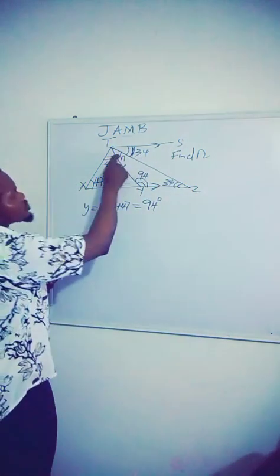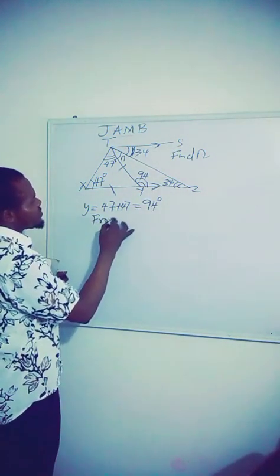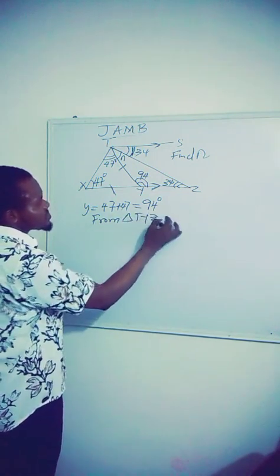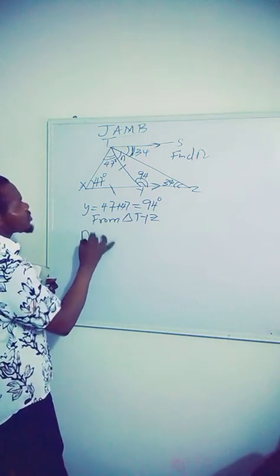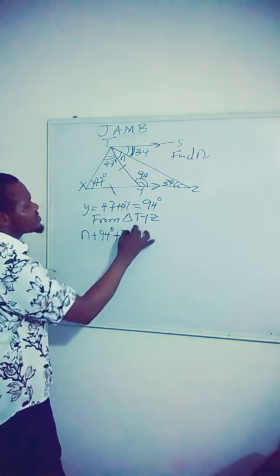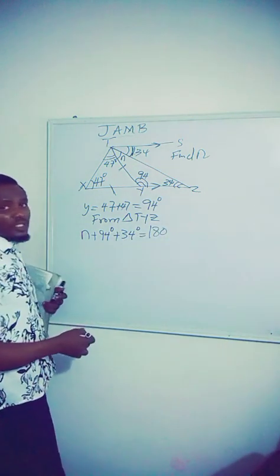Now I can say sum of angles in a triangle. From triangle TYZ, sum of angles in a triangle: n plus 94 degrees plus 34 degrees is equal to 180 degrees, and the reason is sum of angles in a triangle.